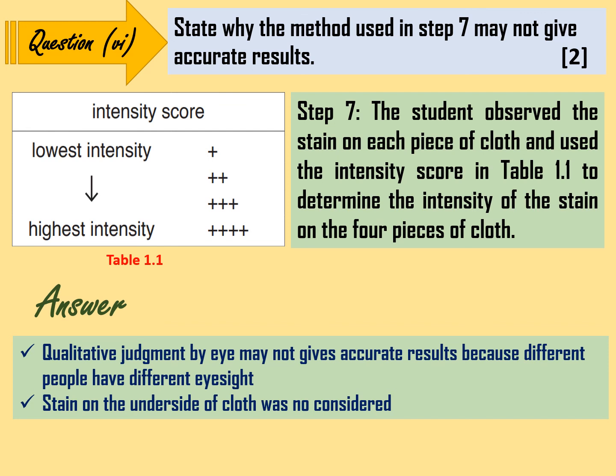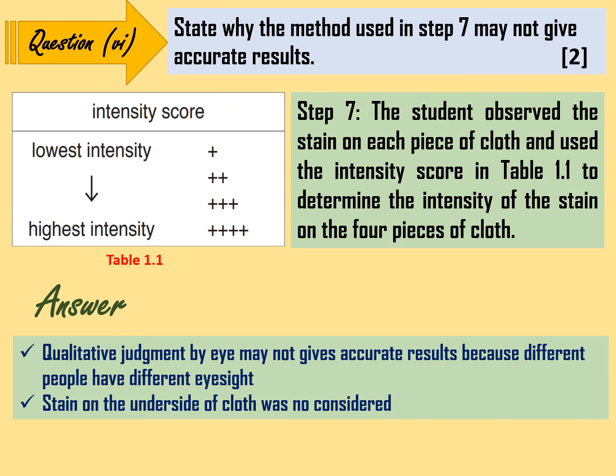Now the answer: the qualitative judgment by the eye may not give accurate results because different people have different eyesight. Whenever the examiner uses a source of measurement like color intensity or different spectrums, this can be a source of error.